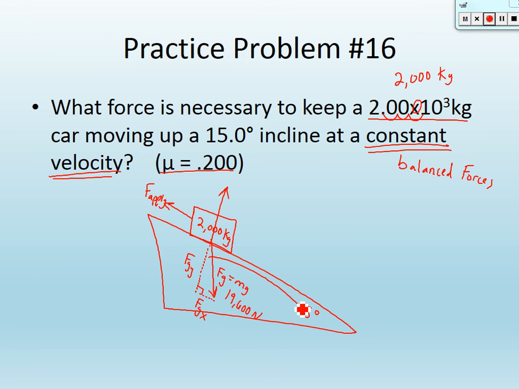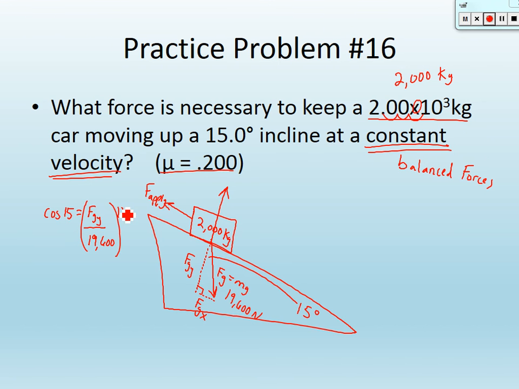So now we can use our trigonometry to solve for FGY. That's the adjacent side, and I already have the hypotenuse. So we're going to use cosine of 15 is equal to FGY over the hypotenuse of 19,600.